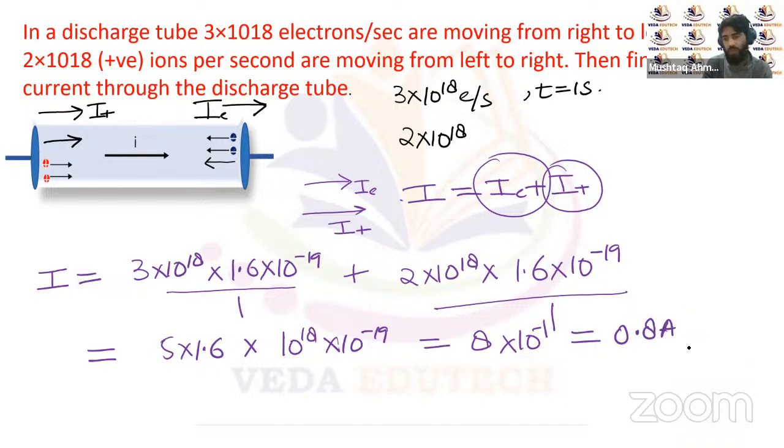So 0.8 ampere will be the current flowing through this discharge tube because of the flow of negative charge from right to left and because of the flow of positive charge from left to right. So this will be the total current.